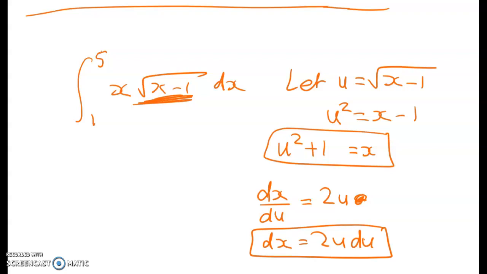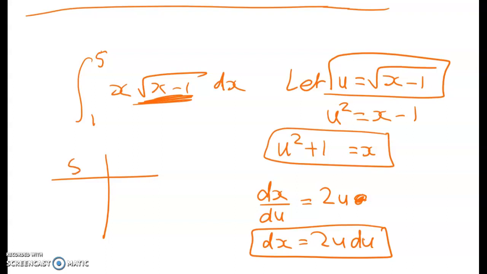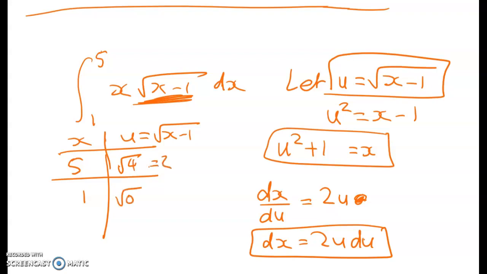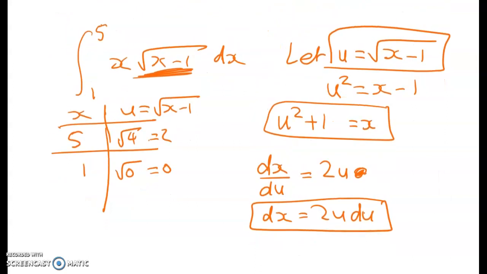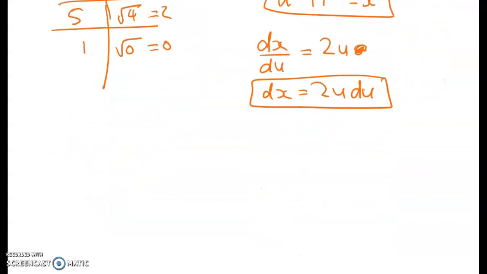The last thing, so that's good, and that one's good, and now we've got to do our limits. So that's my x limit, that's my u limit. So u is equal to root x minus 1. So here we have the square root of 4, so the u limits are 2 and 0. So this whole integral is going to come out exactly the same, but it looks really different on the way through.